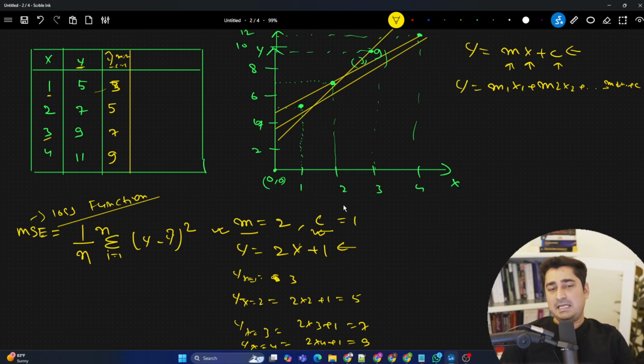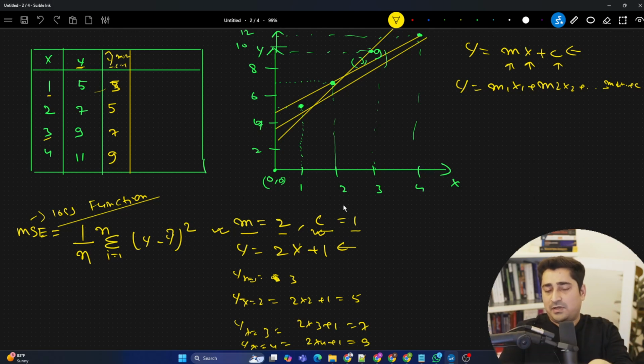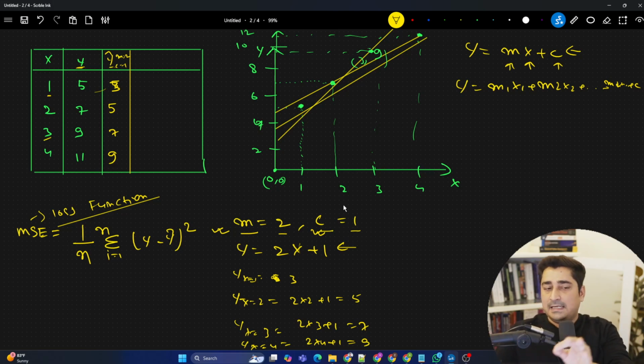Let's assume, hypothetically, that I am able to find the perfect value of M and C. I don't know how, but just assume that I am able to find the perfect value of M and C. In that situation, can I say that this component is going to be 0?